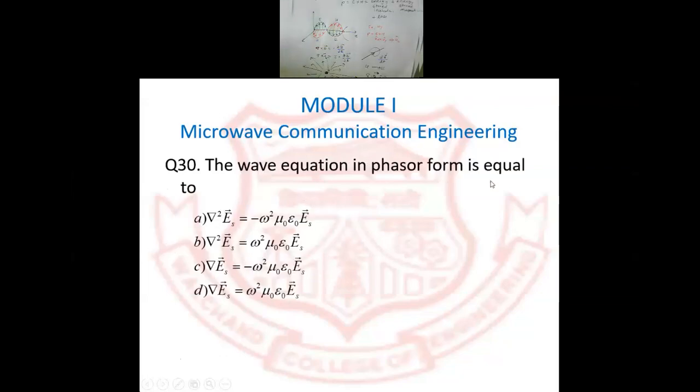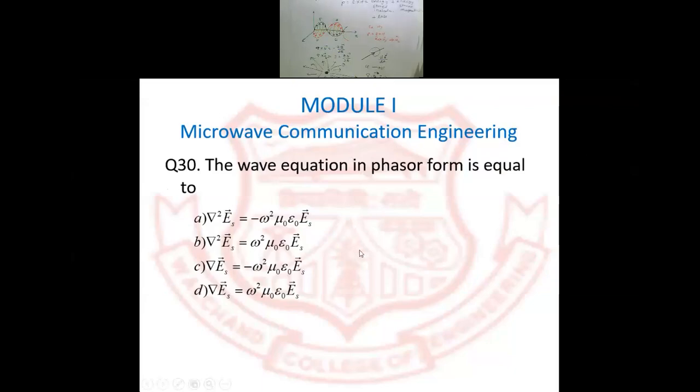The wave equation in phasor form is equal to what? Someone says C, someone says D. Okay, C, B, C, B. Okay, let it be.